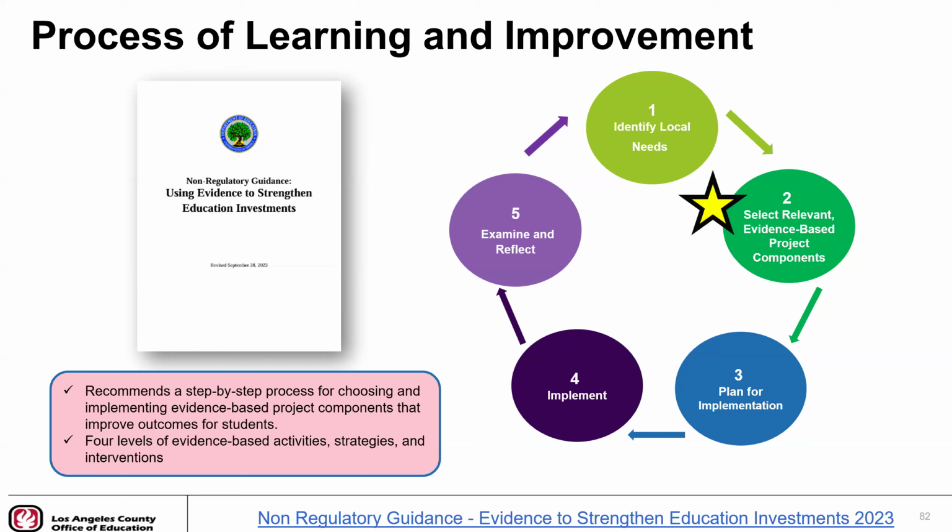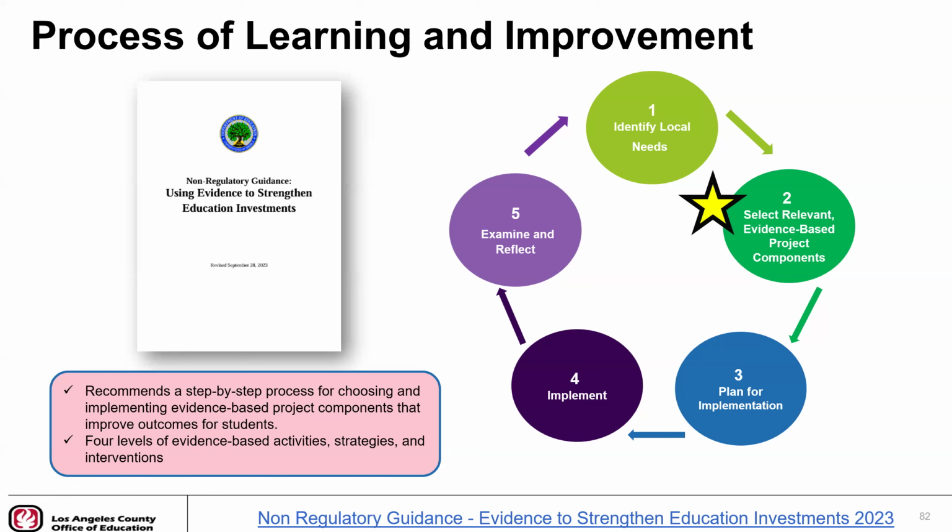The non-regulatory guidance included on the slide is called Using Evidence to Strengthen Education Investments. And this refers to evidence-based activities, strategies, and interventions, and collectively refers to them as project components.